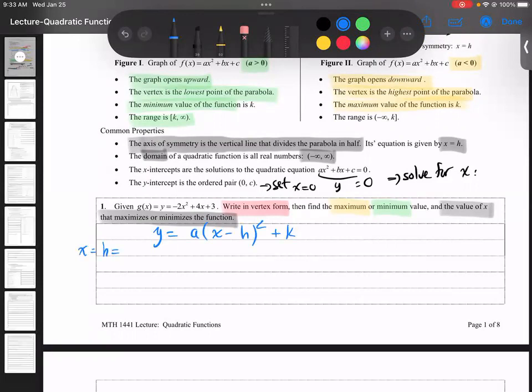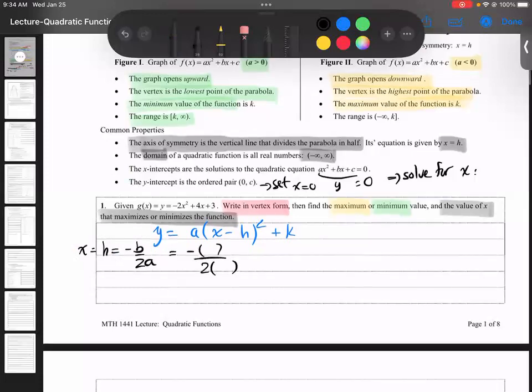Negative b over 2a. So equals negative, I would put the parenthesis around it. b will be 4, a will be negative 2. Negative 4 divided by negative 4, positive 1.